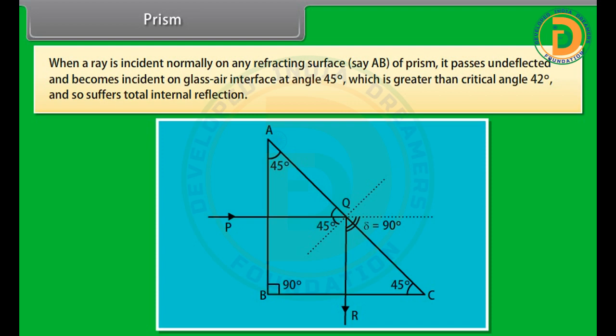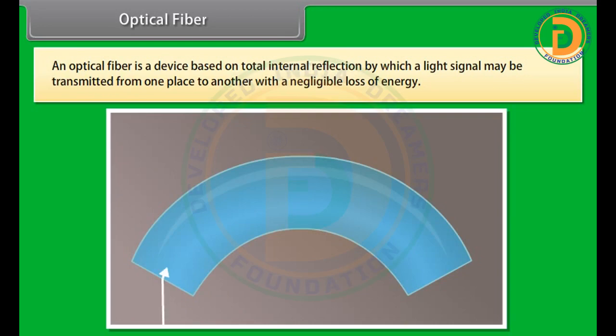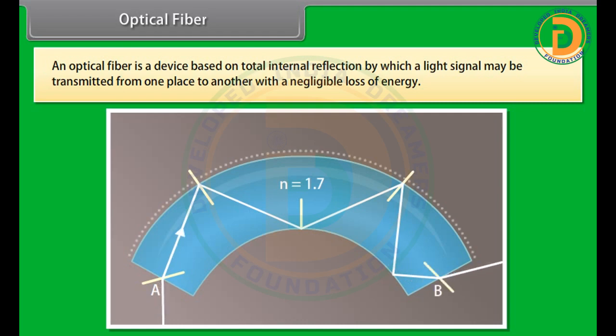A total reflecting prism may be used to deviate the rays through 90 degrees, to deviate the rays through 180 degrees, and to erect the inverted image without any deviation. Optical fiber. An optical fiber is a device based on total internal reflection by which a light signal may be transmitted from one place to another with a negligible loss of energy.